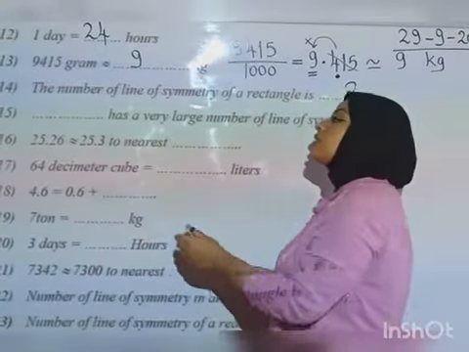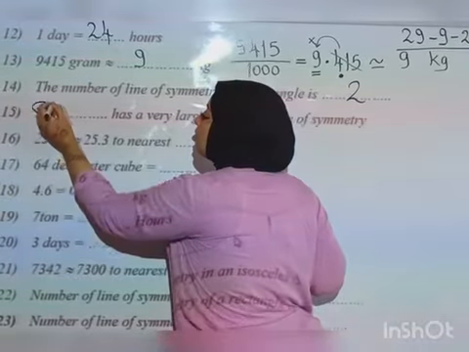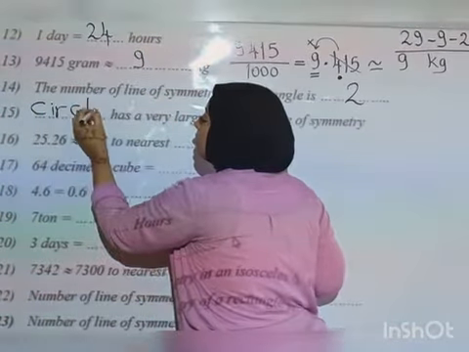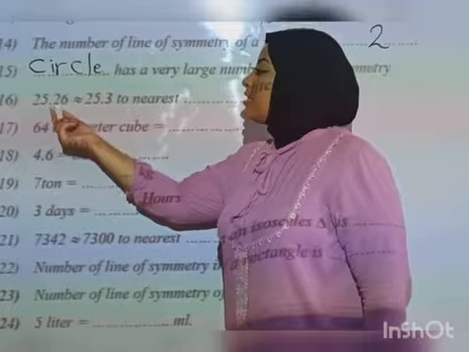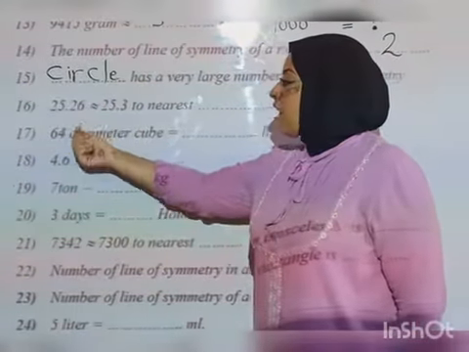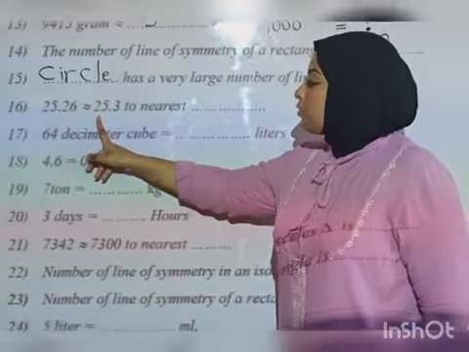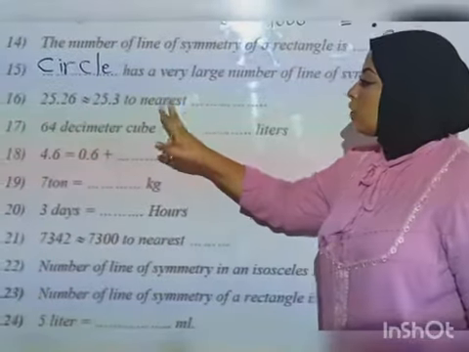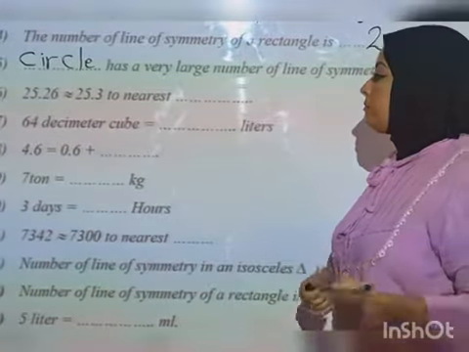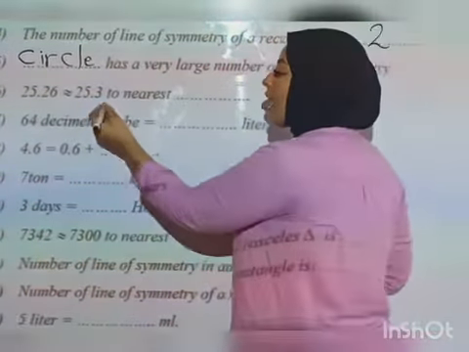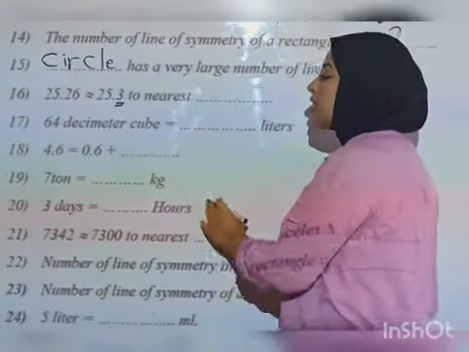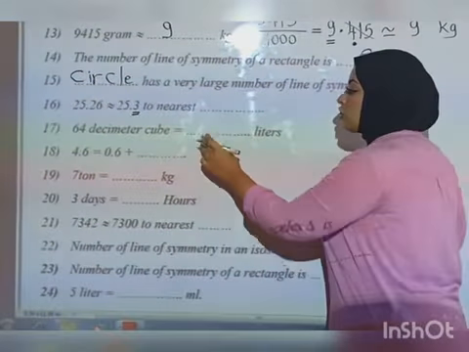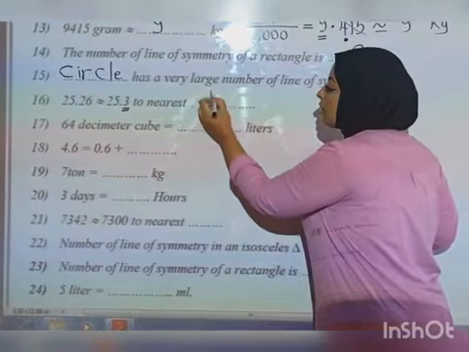Yes, it's the circle. Number 16. 25.26 after the approximation will be 25.3, to the nearest what? After the approximation, here we have 1 decimal place. That means the approximation goes to the nearest tenth.